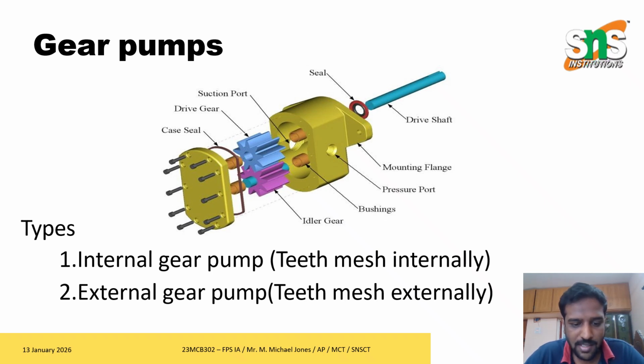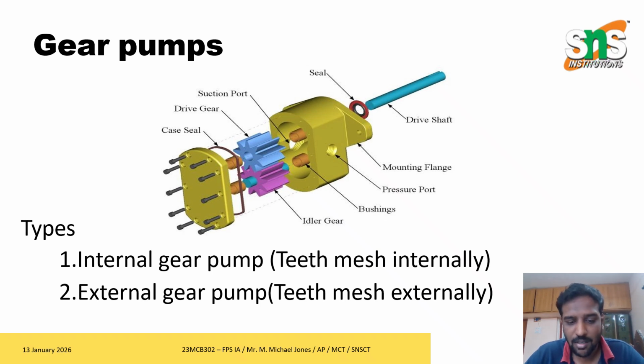Based upon the different arrangements of gears, we have two different types of gear pumps: the external gear pump and the internal gear pump. In the external gear pump, both gear teeth mesh externally, and in the internal type, the gear teeth mesh internally.